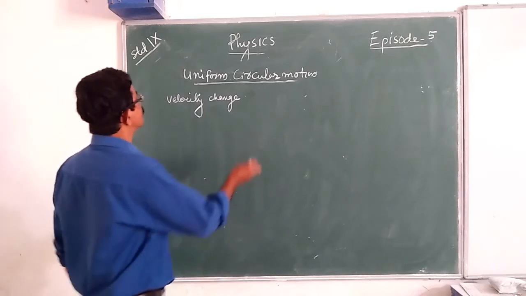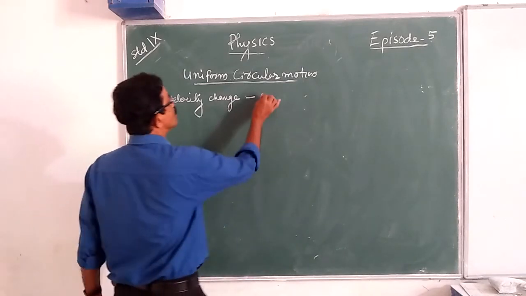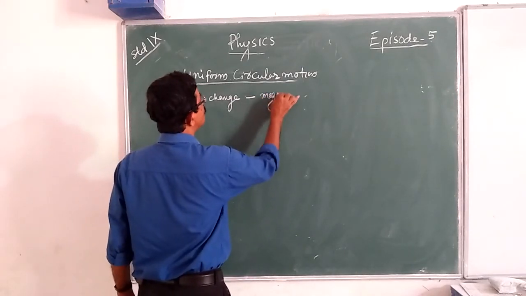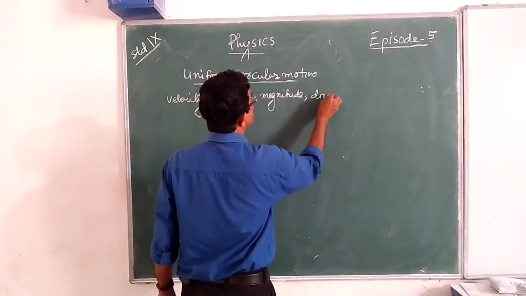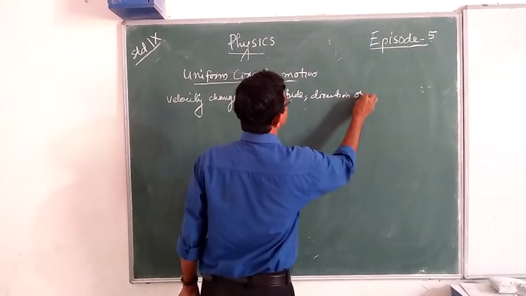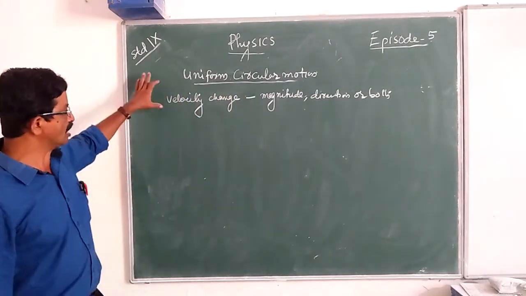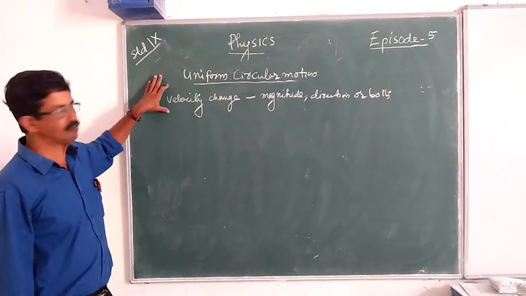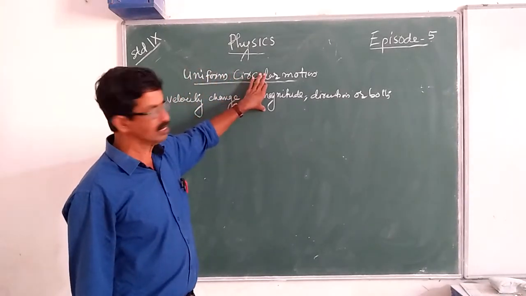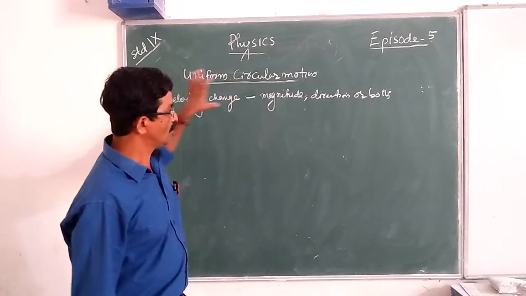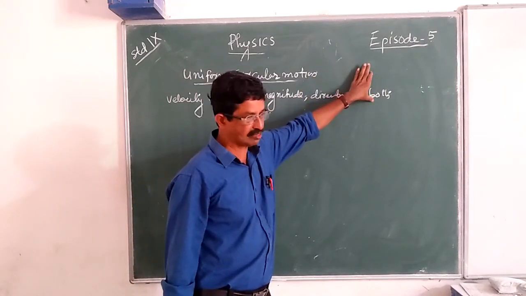That means to change the velocity of a body, its magnitude changes or direction changes, or both of these change. When does the velocity of a body change, or when does a body accelerate? When the magnitude of velocity changes, or the direction of velocity changes, or both of them change.